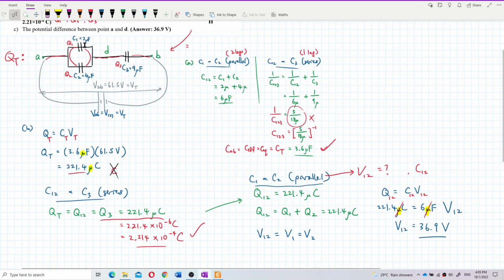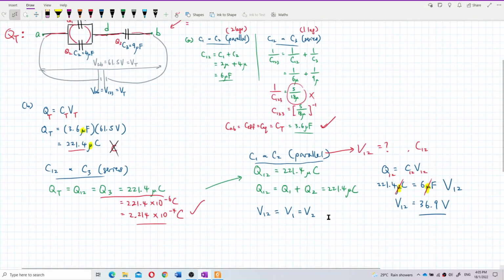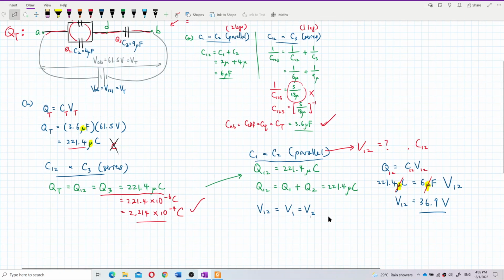Parallel circuit, they have the same voltage. V12 is V1 and also equal to V2. I got the voltage already, so this one is equal to 36.9 volt. Now I got V1 and V2. The voltage is 36.9 volt.